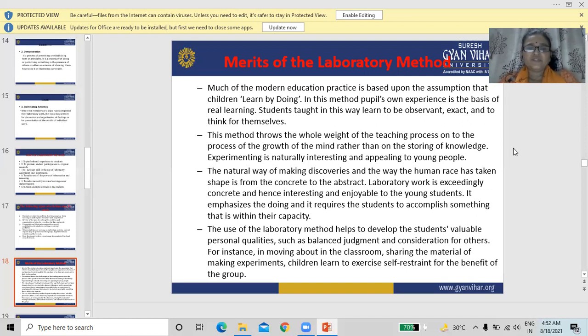It emphasizes the doing and it requires the student to accomplish something that is within their capacity.